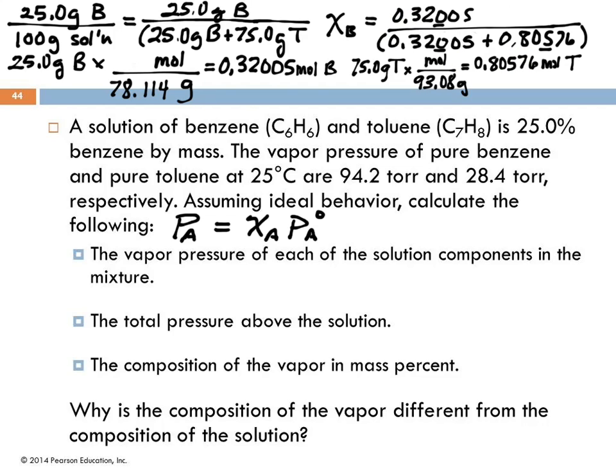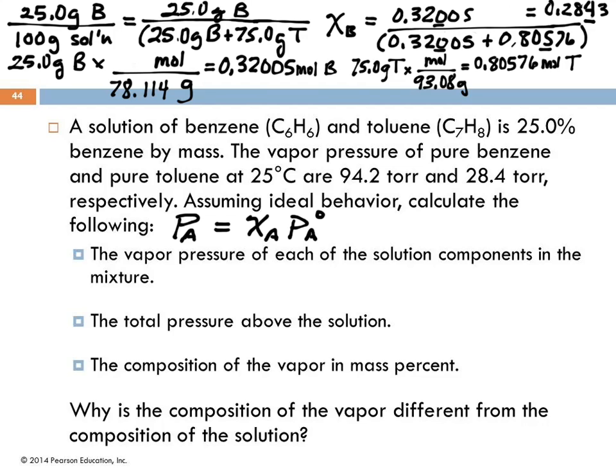So it's going to end up being 3 anyway. 0.32005 plus 0.80576 equals, invert, times 0.32005 equals, so that comes out to be 0.2843. That's the mole fraction. That's a 4, not a 9. It looks like a 9. That's the mole fraction of benzene.